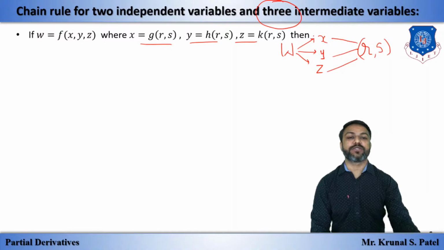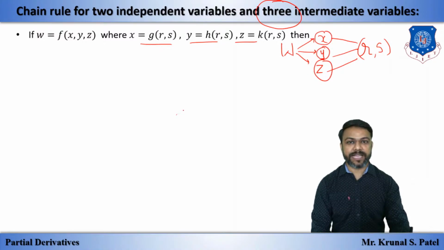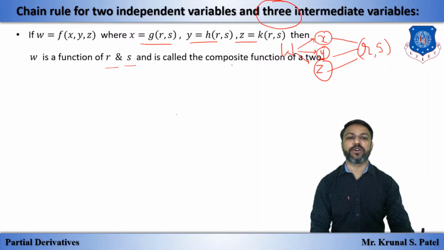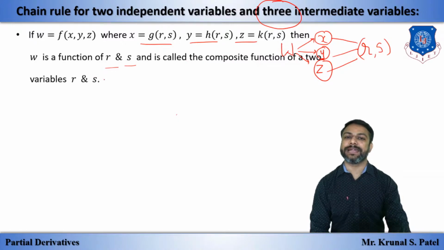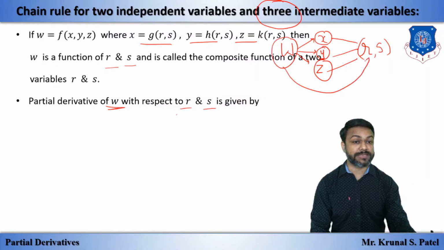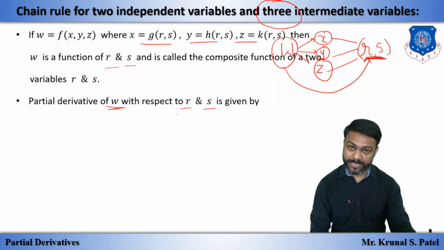Got it? So we have three intermediate variables. Okay, so then we can say that w is a function of r and s, as I told you, and is called a composite function of two independent variables r and s, and therefore partial derivative of w is with respect to r and s, always these two variables, not with these three intermediate, because x, y, z are intermediate only.